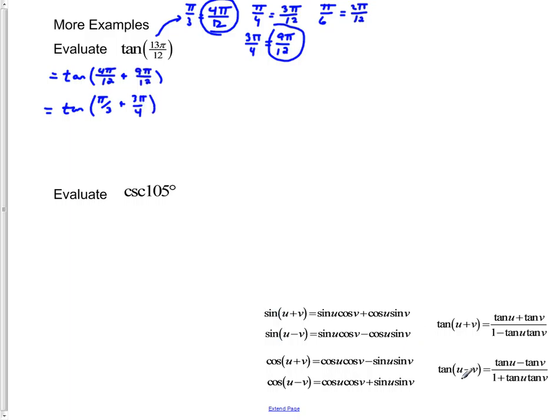Well, in this case, we have a formula for a sum or difference of angles that involve tangent. And it goes like this.